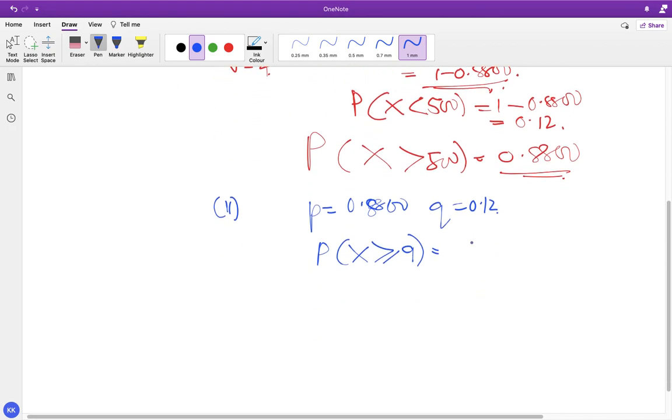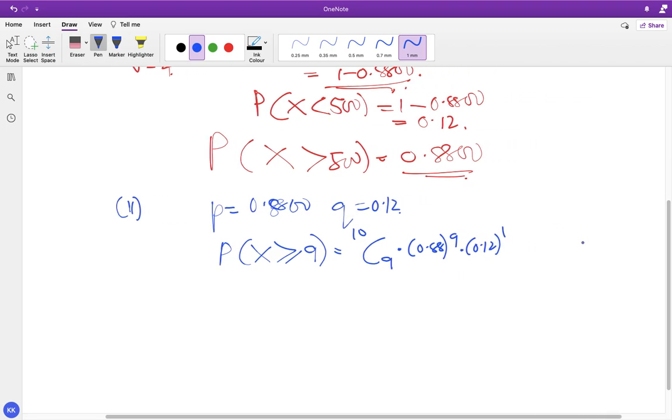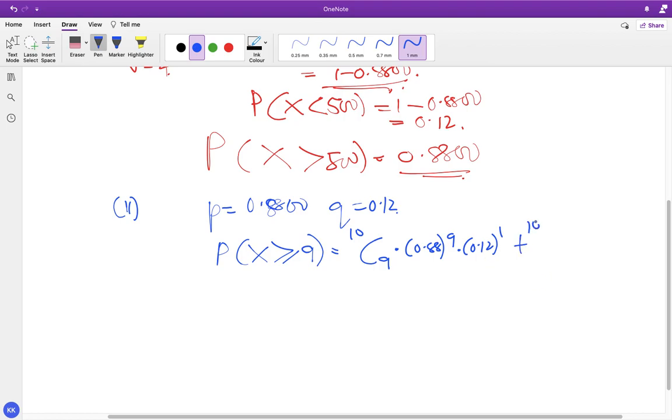To do this, we have to find 10C9 times 0.88 to the power of 9 times 0.12 to the power of 1, plus 10C10 times 0.88 to the power of 10 times 0.12 to the power of 0.